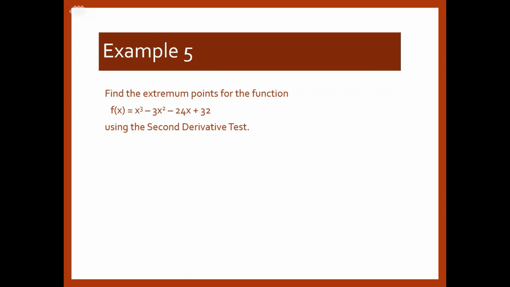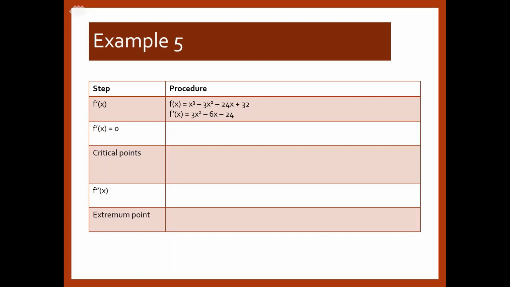You need to find the extremum points for the given function using the second derivative test. To solve, you need to differentiate the given function first. Differentiating f(x), you should get f prime x equal to 3x squared minus 6x minus 24.